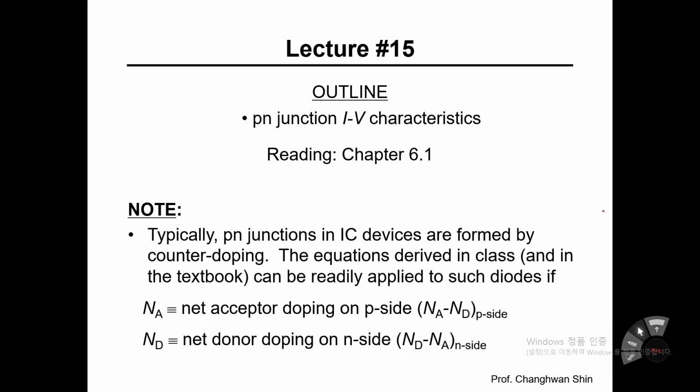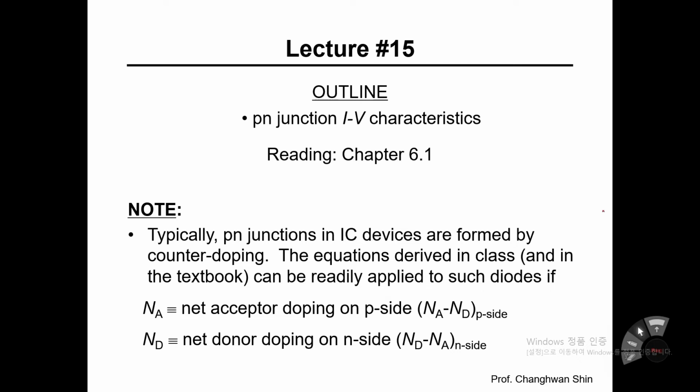So let me speak it out. Typically, PN junctions in IC devices are formed by counter-doping. As you already know, to minimize the cost of fabricating a single piece of silicon substrate, the P-type doped silicon wafer is the cheapest one.